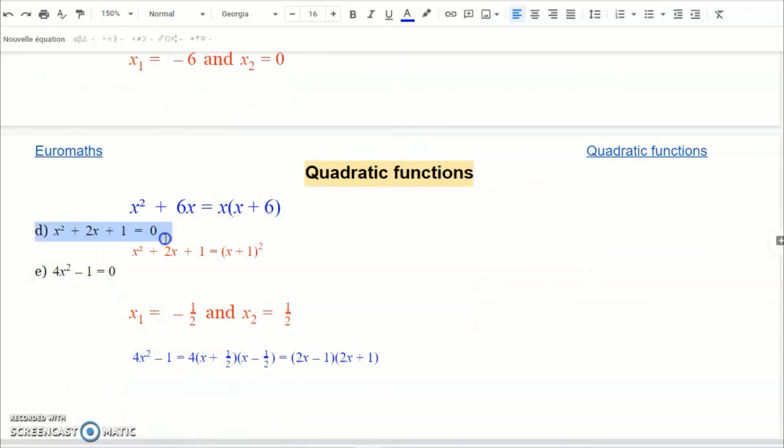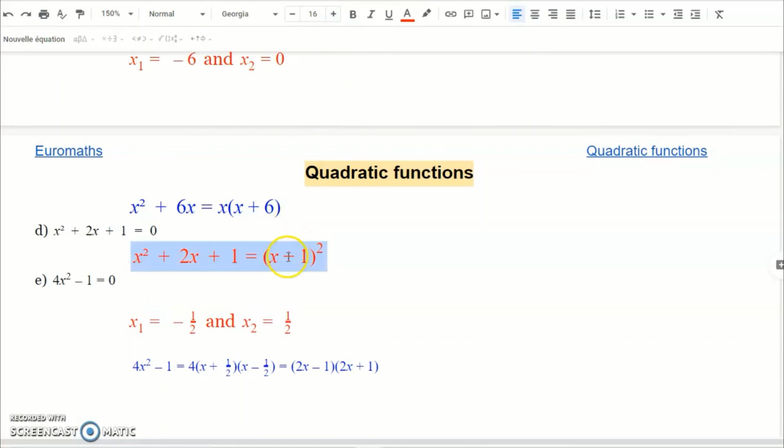In D, we can factorize because we have one solution. So this is a, which is equal to 1, times x minus x0 squared. x0 is equal to -1, so x minus -1 is x plus 1.